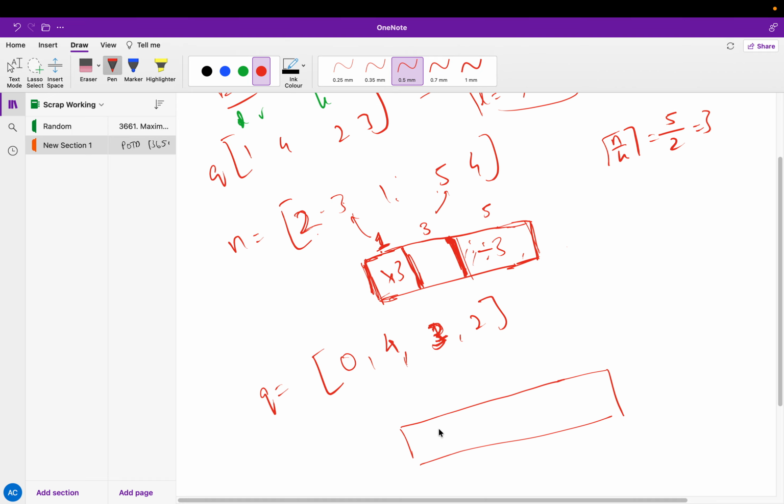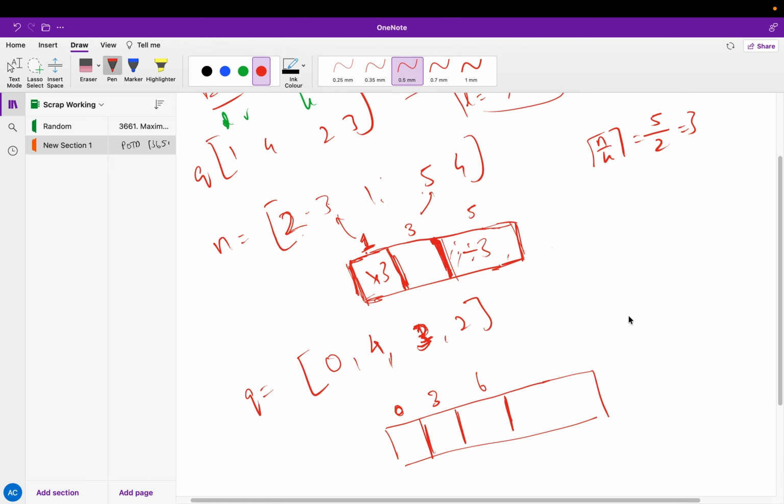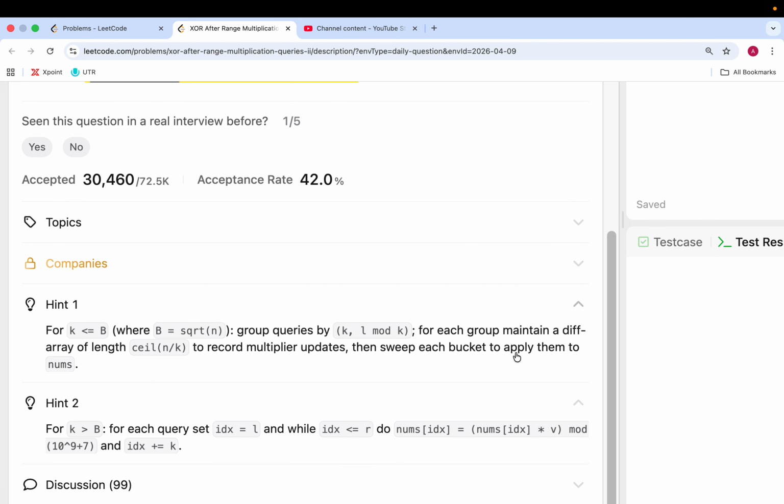So we have to start at 0 and increment by 3, 6. Hang on, size n divided by 3 floor gives you 2, doesn't it? That's the formula they gave, right?